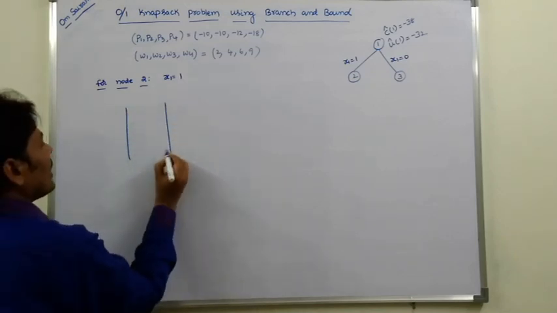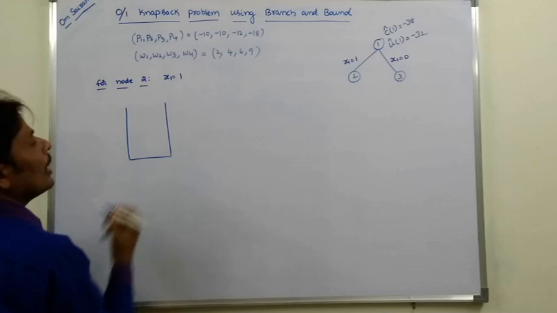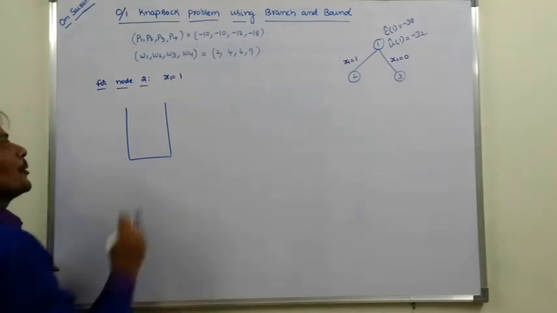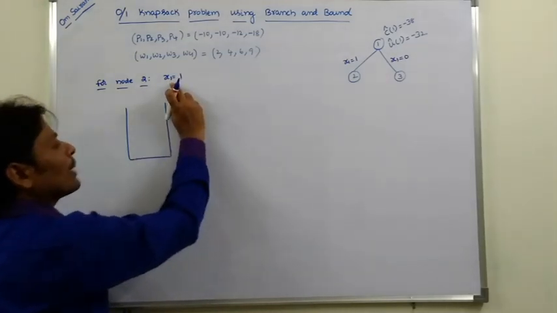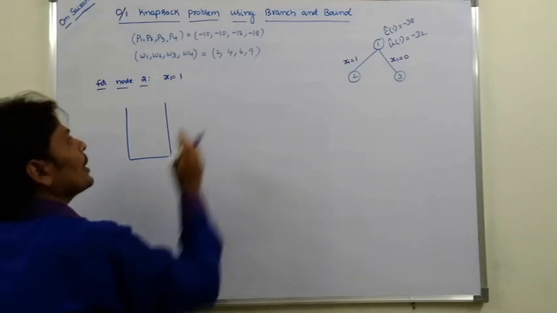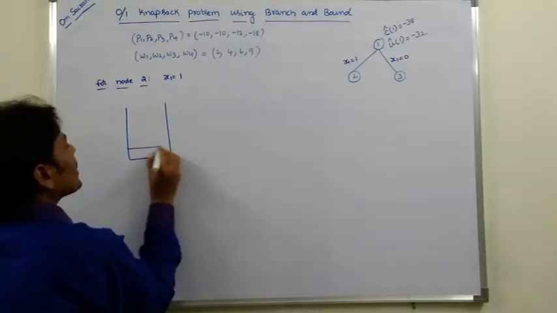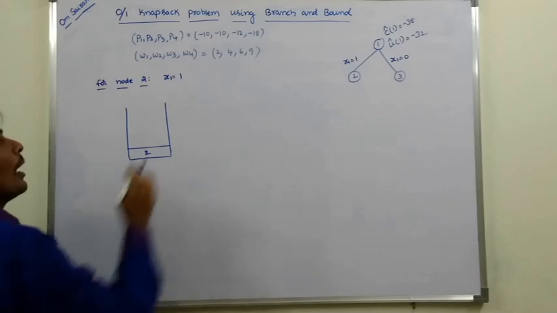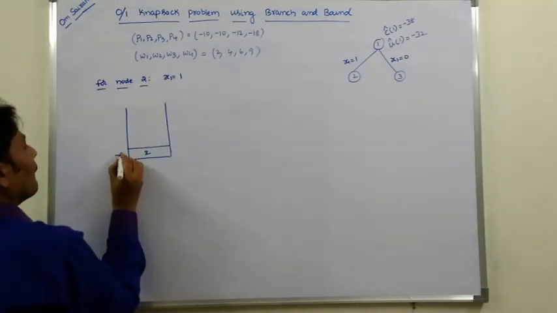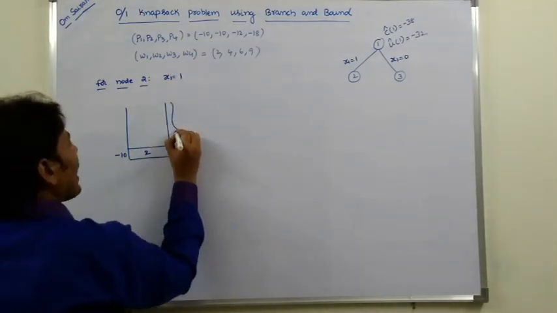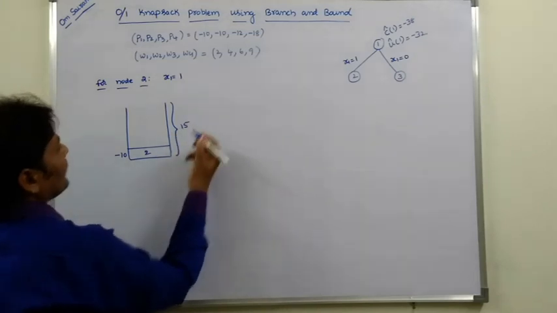So here first we have to calculate the lower bound value. So we have to compulsorily place the first object into the knapsack. So first object weight is 2 and the corresponding profit is minus 10 and the capacity of the knapsack is 15.